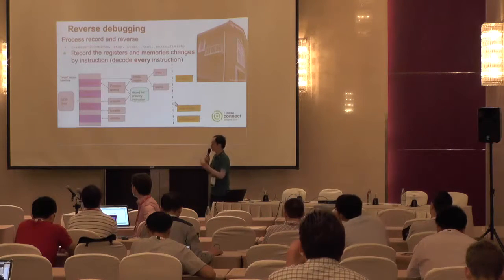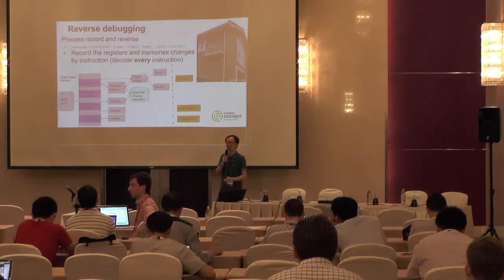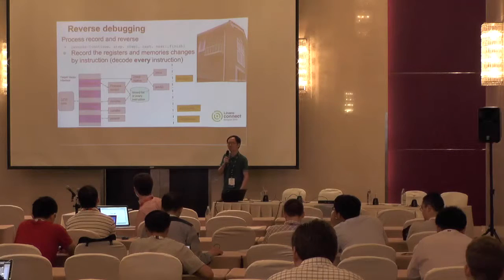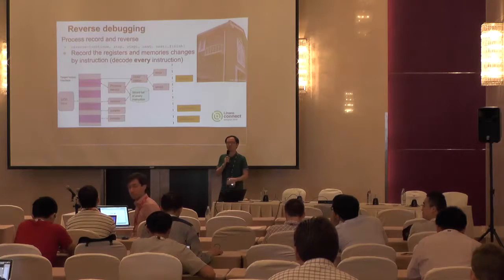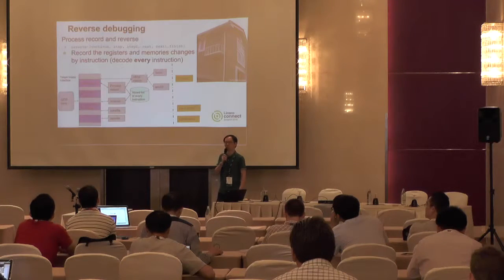The first one is reverse debugging. Reverse debugging was added into GDB many years ago, and only x86 was supported. Several years ago, someone added support for ARM, and last year we added support for AArch64.